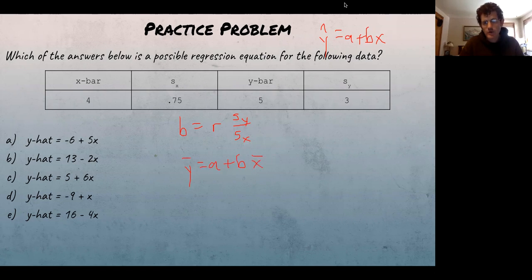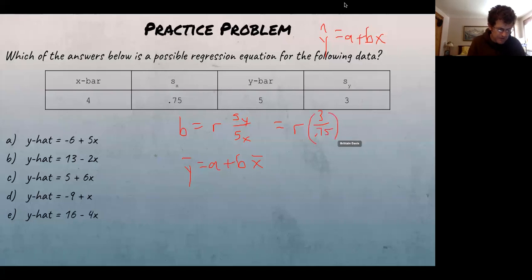The regression line has to go through y bar and x bar. From this table, the only thing we know is S sub y and S sub x, so I'm going to plug those in. r is unknown, S sub y is 3, S sub x is 0.75. If I divide that, I get 4 times r.